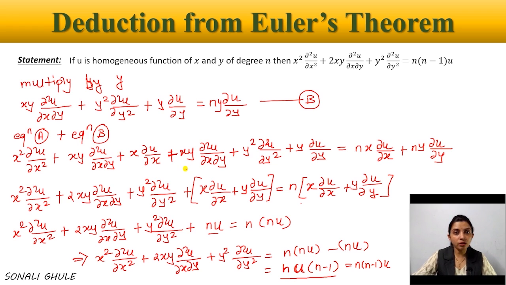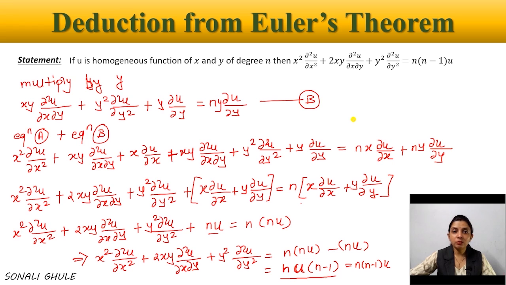And for the second order, I can write x² ∂²u/∂x² plus 2xy ∂²u/∂x∂y plus y² ∂²u/∂y² is equal to n into n minus 1 into u. This you have to remember. So when u is homogeneous, you can have two equations, a first order relation and a second order relation.